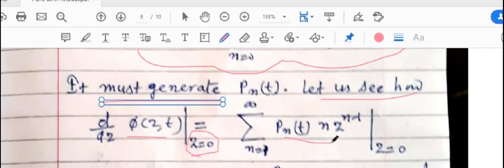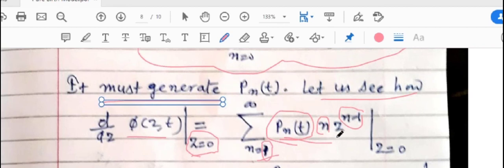Now z is equal to 0. So Pn(t) and we have differentiated it. After differentiation, Pn(t) is unaffected because it does not involve z, but the power has become n minus 1 at z equal to 0. And this range starts from 1, not 0, otherwise a problem will take place.